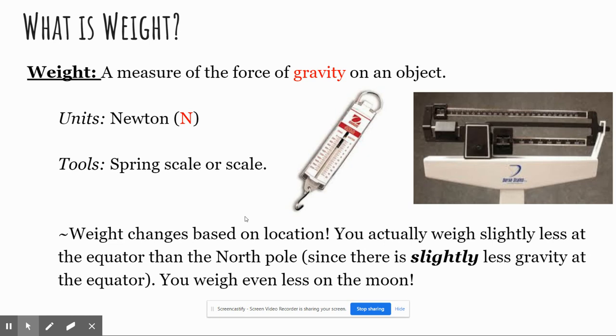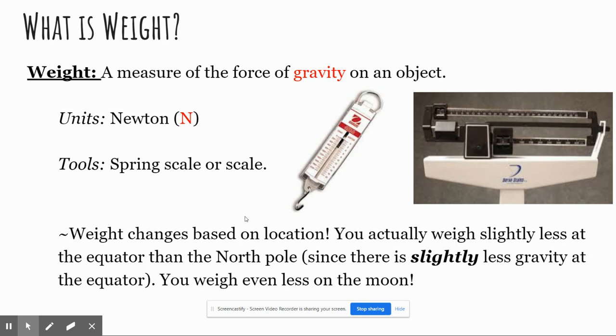Now, the thing about weight is that weight changes based on your location. So you actually weigh slightly less at the equator than you do at the North Pole, right? Because there is slightly less gravity pulling on you at the equator versus the poles. If you were then to take a rocket ship to the moon, you would weigh even less on the moon, right?